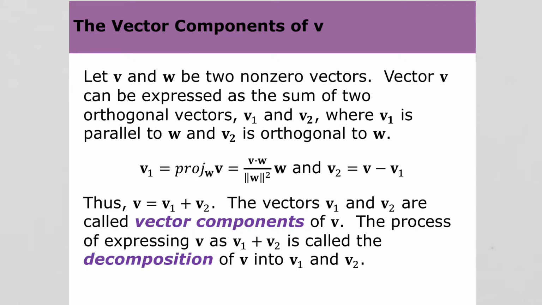That is done by finding v sub 1, which is the projection of v onto w, and v sub 2, which is v minus v sub 1. This gives you v sub 1 and v sub 2, which are the vector components of v. And this process is called the decomposition of v onto v sub 1 and v sub 2.